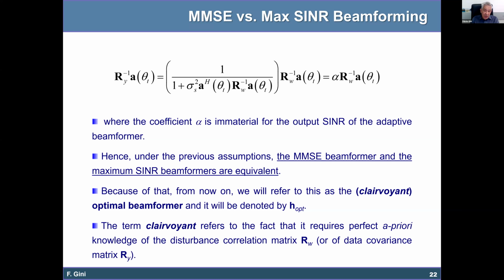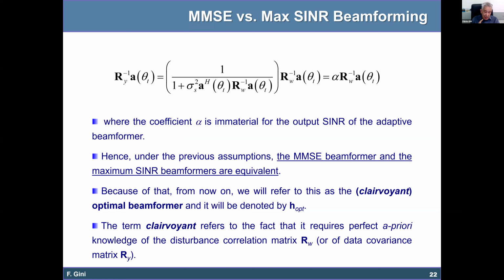But the coefficient alpha is immaterial in the sense that it does not affect the performance. It does not affect the output signal to noise ratio. And so this proves that the two beamformers are equivalent, but only if the two matrices are perfectly known. So in other words, they are equivalent only when the number of snapshots tends to infinity.